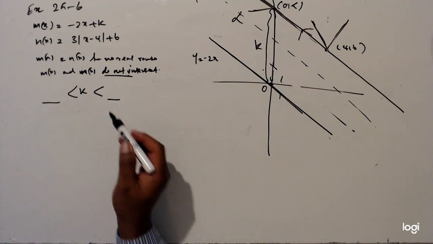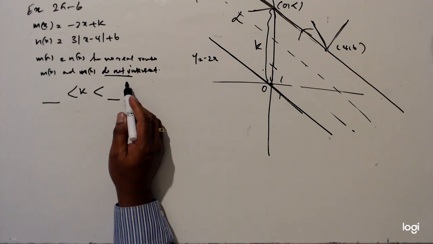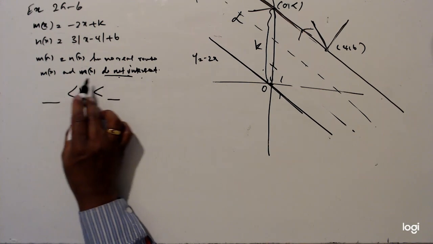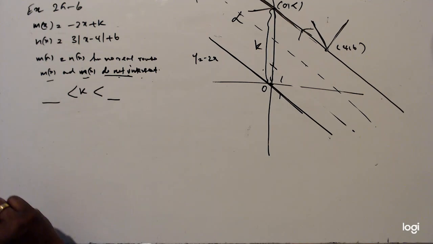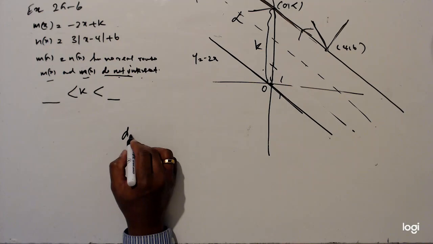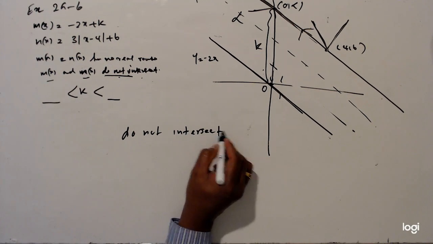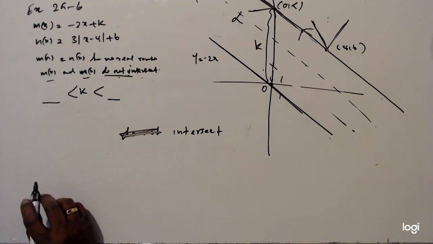Now, to find the range, to find the region where mx and nx do not intersect, first of all, we consider intersect. Let's forget about the do not part. Let's consider the intersect part.